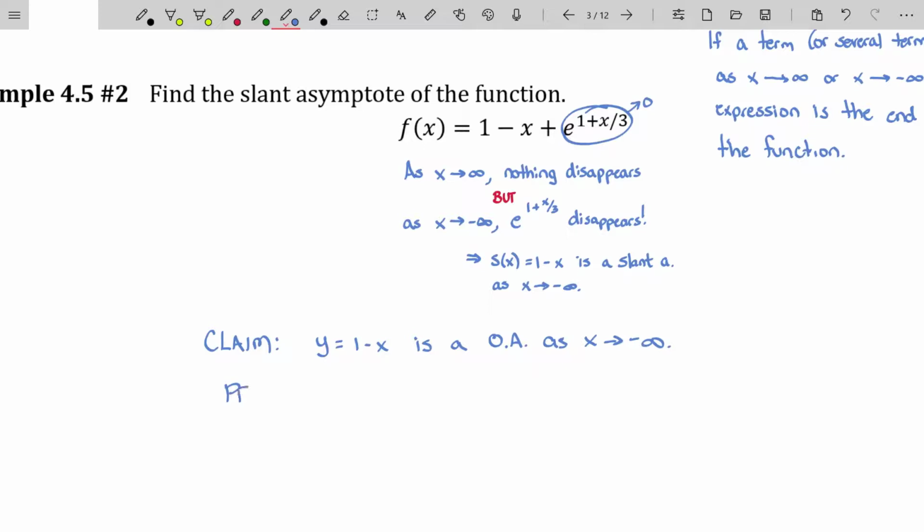The proof, very, very quick, goes like this. By definition, remember the definition of an oblique or a slant asymptote is that the limit of the distance between your given function and your supposed slant asymptote tends to 0 as x goes to, in this case, negative infinity.